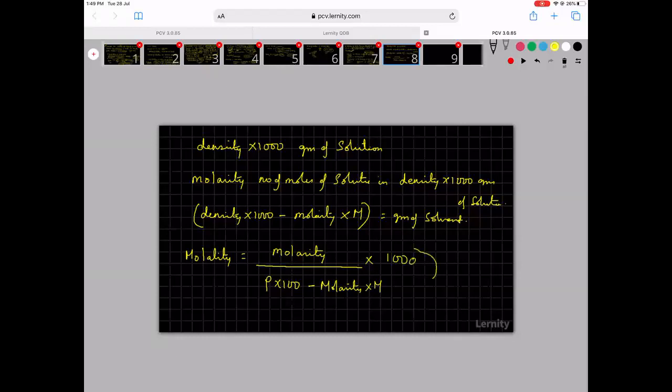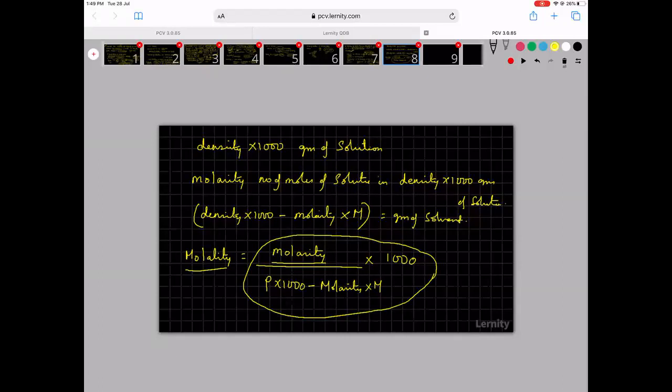So this will give you the answer. So the question is, how are molarity and density related? This is how they are related. Molality is equal to molarity divided by density into 1000 minus molarity into molar mass, whole into 1000.